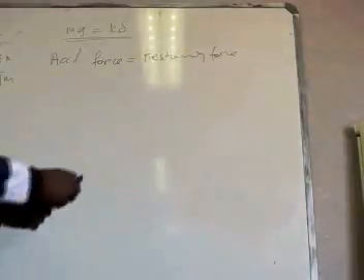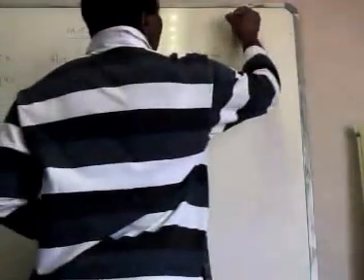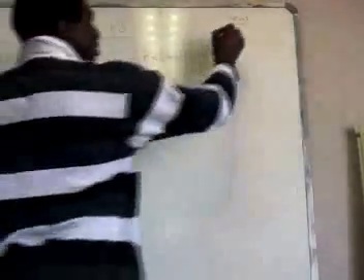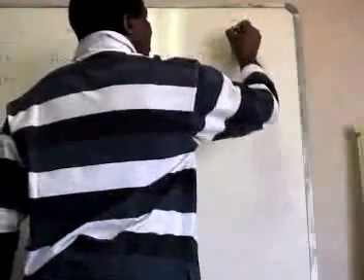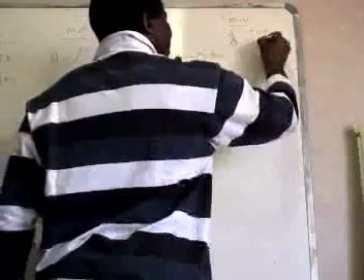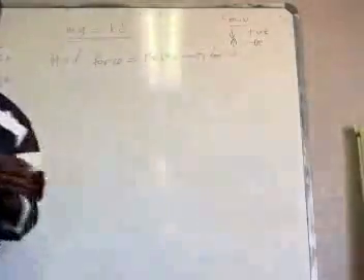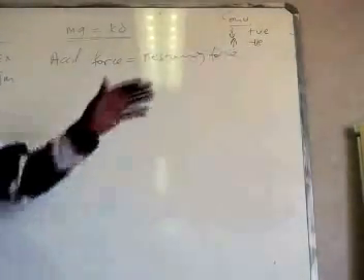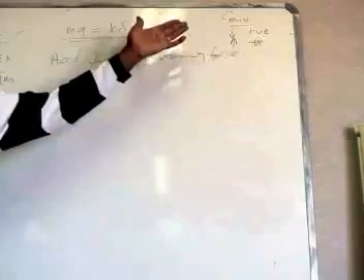I will talk a bit about convention again. What is our convention? Downwards is positive. Upwards is negative. That's our convention. What is downwards?